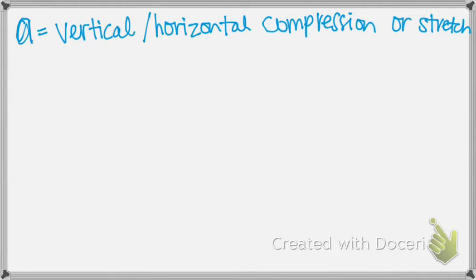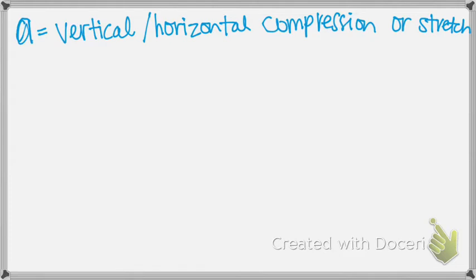All right, so when we talk about A values, we are talking about if the graph is vertically stretching, vertically compressing, horizontally stretching, or horizontally compressing. And we will talk about what each four of those mean and what they look like.